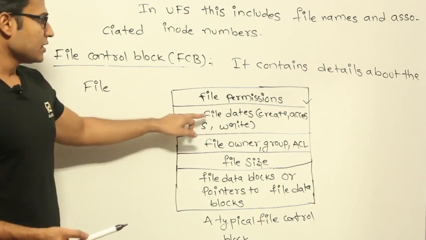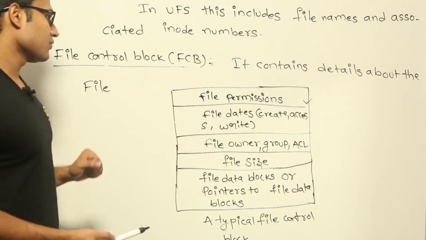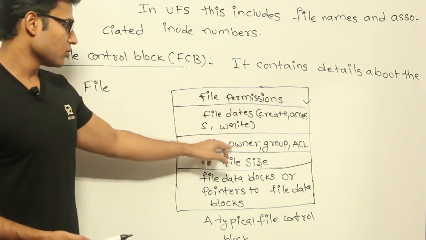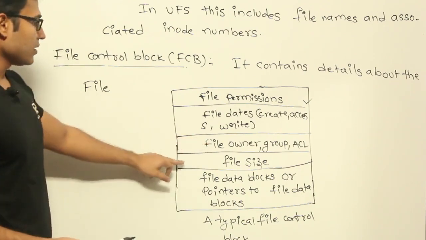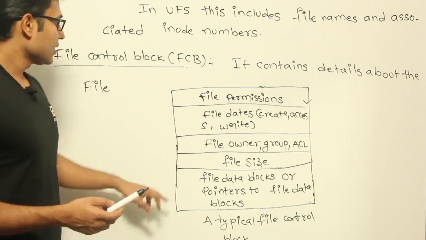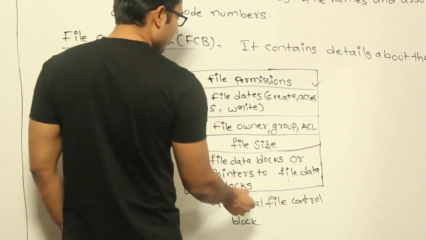And when it is created, when it is accessed, when it is written, all the details, that is file dates. And file owner, so what is the owner group and who are all the owners of the file, everything will be here. And the file size, the size of the file in terms of bytes, and file data blocks or pointers to the file data blocks.